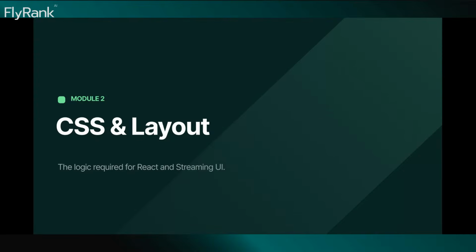Without CSS, you won't have any modern websites, so you won't have any transitions, you won't have any pseudo classes, you won't have basically any color or anything. CSS is also mandatory if you're willing to build something on web development.